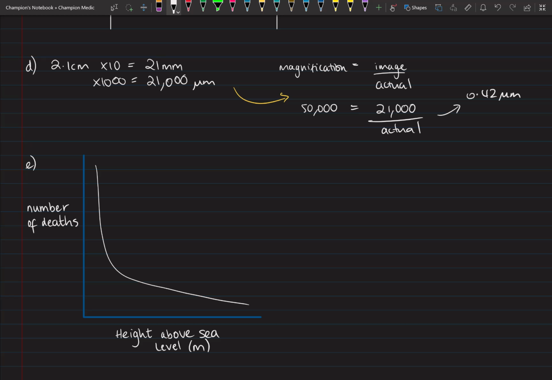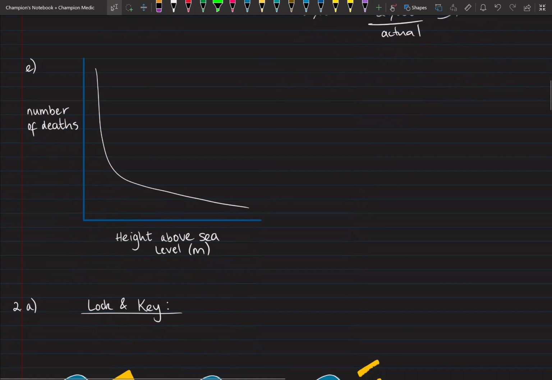Right, so part E is asking us to describe the graph and work out what the relationship between the two factors is.